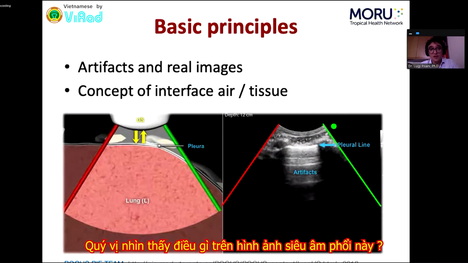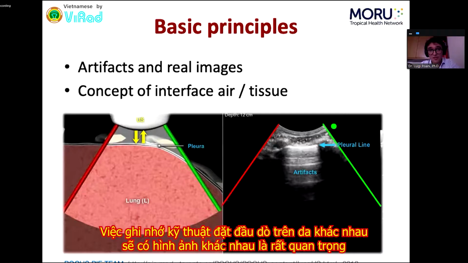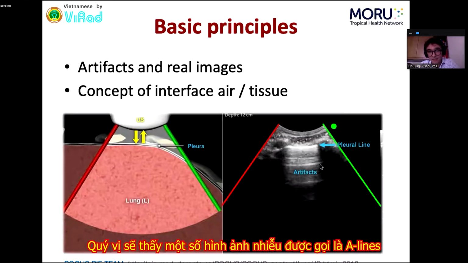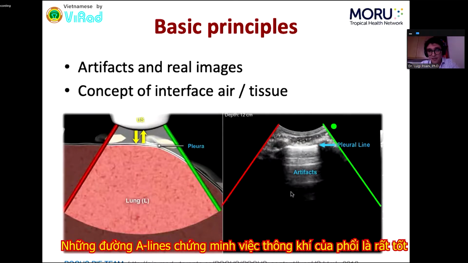What do we see on lung ultrasound? It's really important to remember that this is different from other techniques. When we put our probe on the skin, we will see some artifacts, which are called A-lines, these horizontal A-lines that you see here. They are artifacts, and they mean that the lung is well aerated.